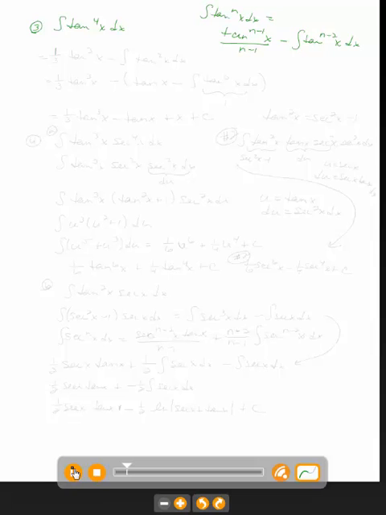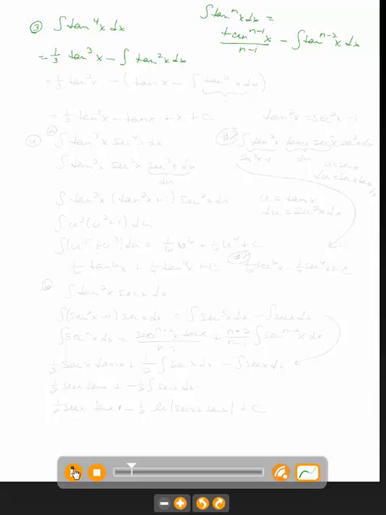So that means that this is going to turn into 1, we're dropping the power by 1, so it'll be a 3, so 1/3 tangent to the third of x minus the integral of, drop it by 2, tangent squared of x.